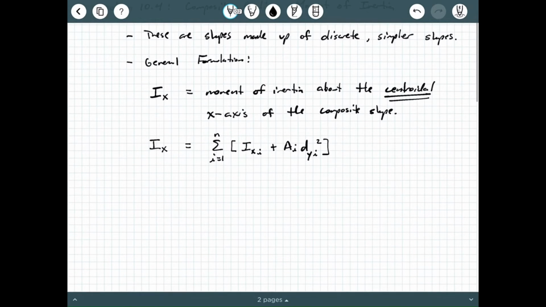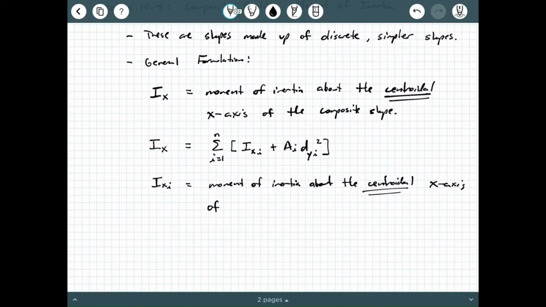So what do all of these symbols mean? Well, first, the I sub x sub i, okay, two subscripts, is the moment of inertia about the centroidal x-axis of each part i.